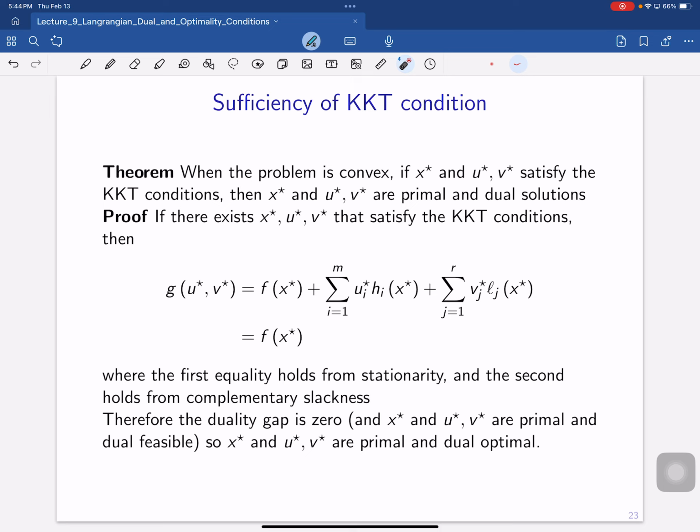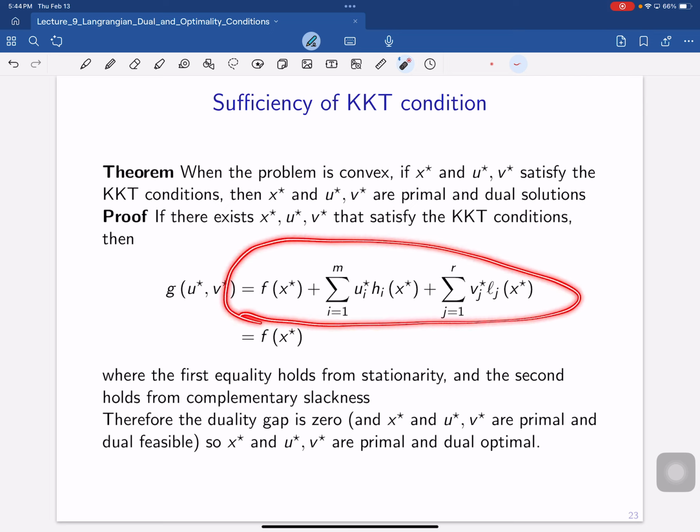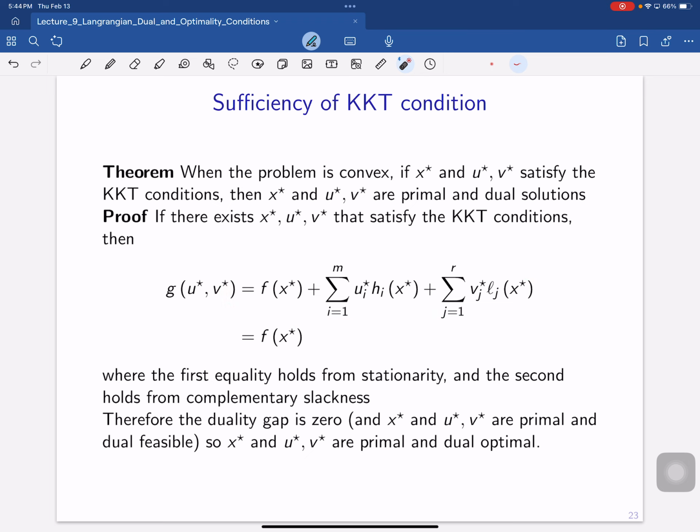Then by definition, since the problem is convex, as long as x star minimizes the Lagrangian function, then the minimum of the Lagrangian must be equal to the minimum obtained at u star, v star, right?